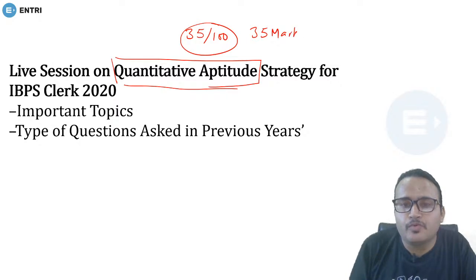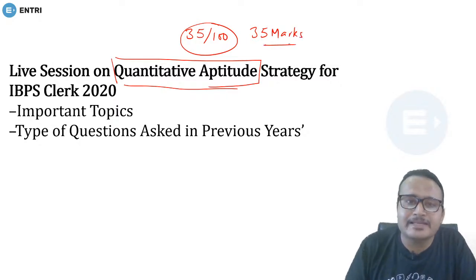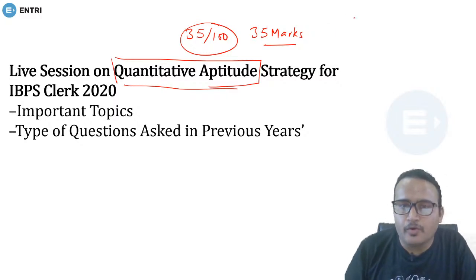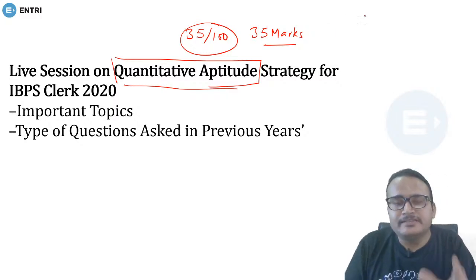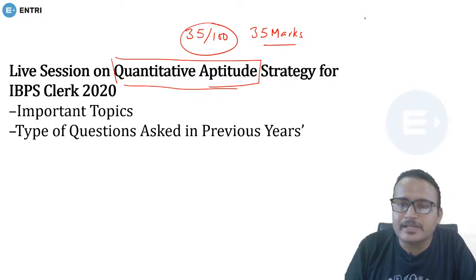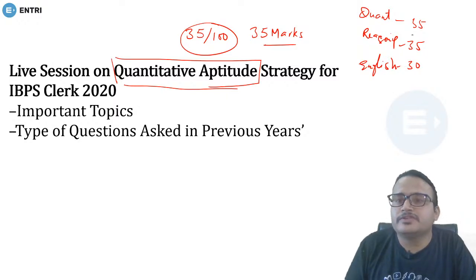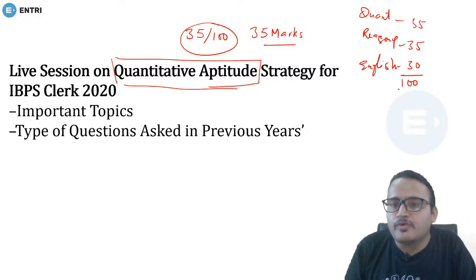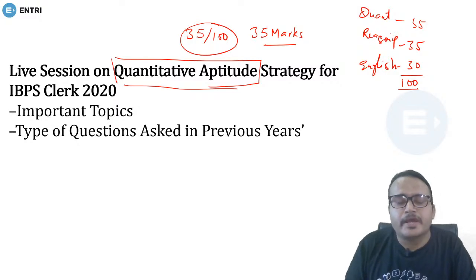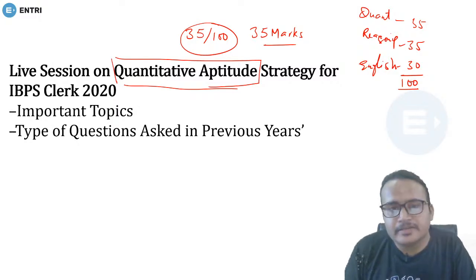As you know, the pattern of the prelims of banking exams has 100 questions as a whole, divided into 3 sections: quant, reasoning, and English. From quant and reasoning there are 35 questions in each section, and in English there are 30 questions. Together these make 100 questions for 100 marks, and 1/4 negative marking is always there.